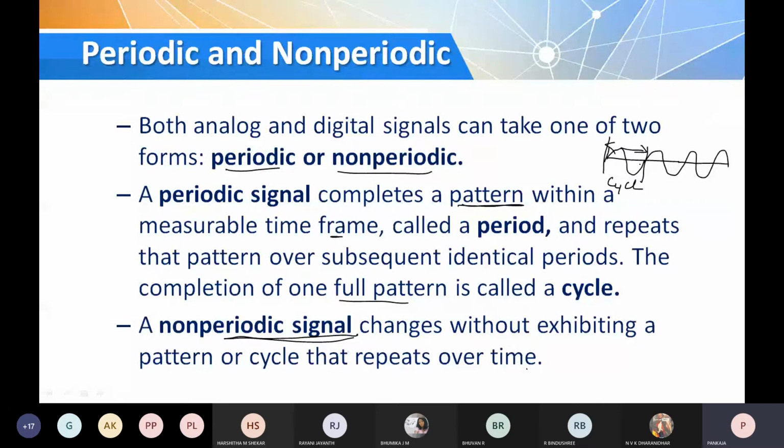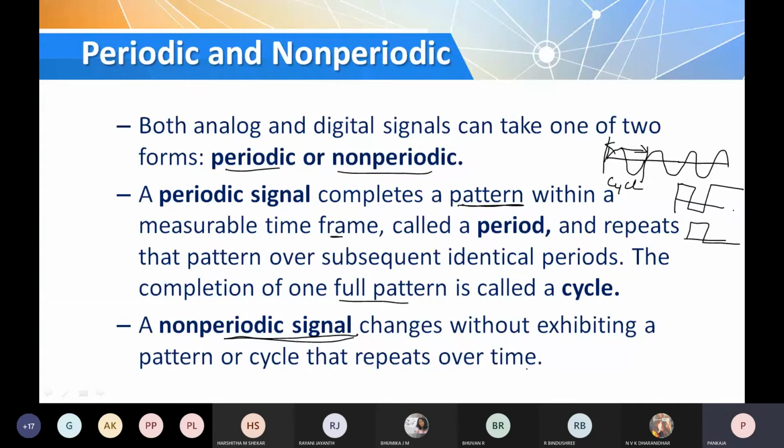Compare with the analog, which has a pattern, and this cycle may keep repeating for the remaining period of time. But digital is one example of non-periodic. It does not have any pattern. It can be like this, or the value can be just like this. So it does not have any particular pattern.